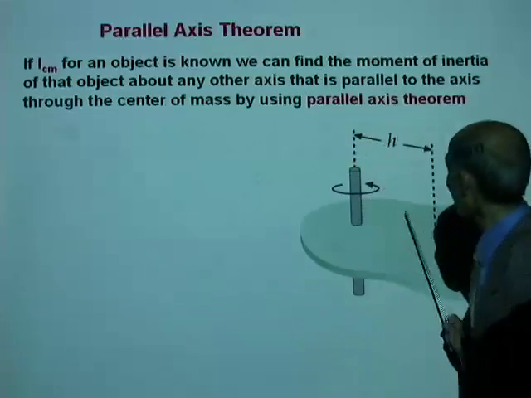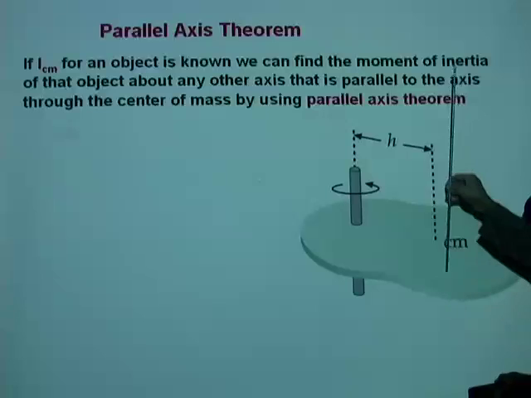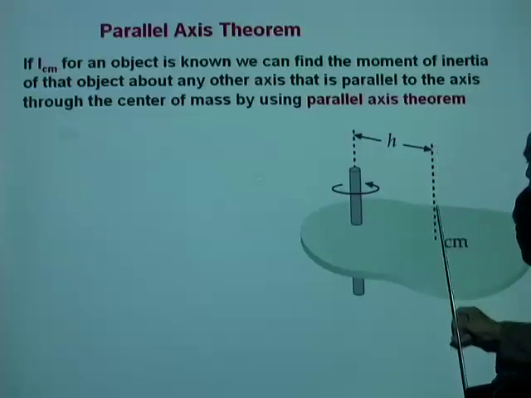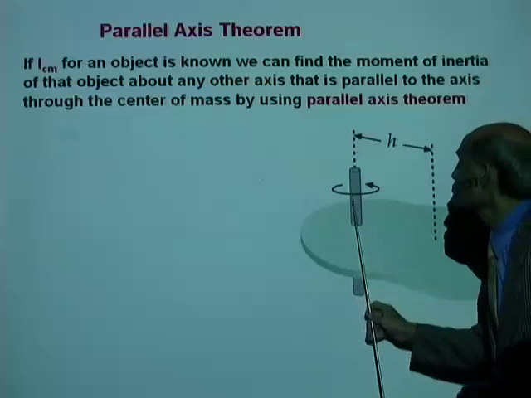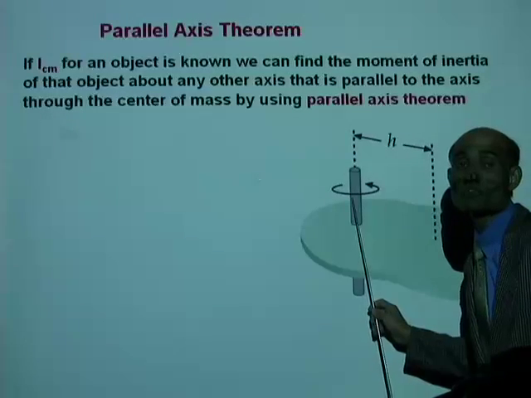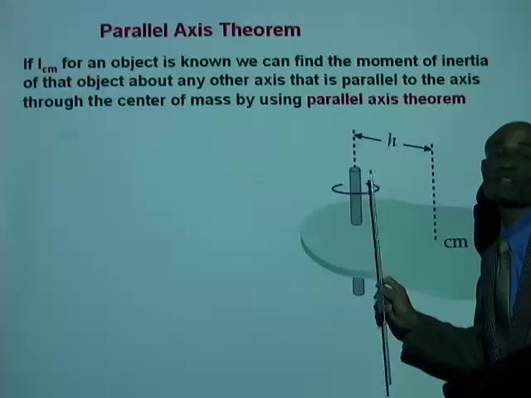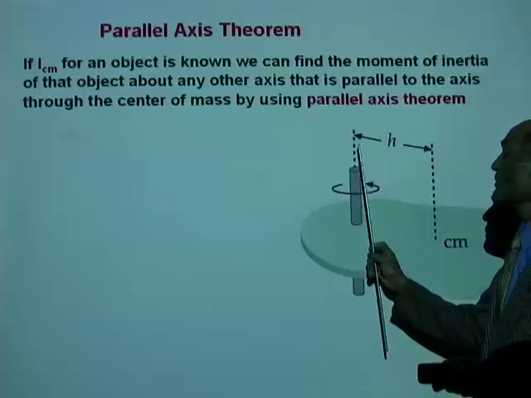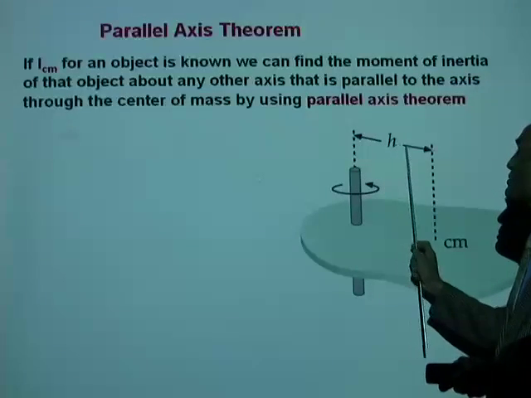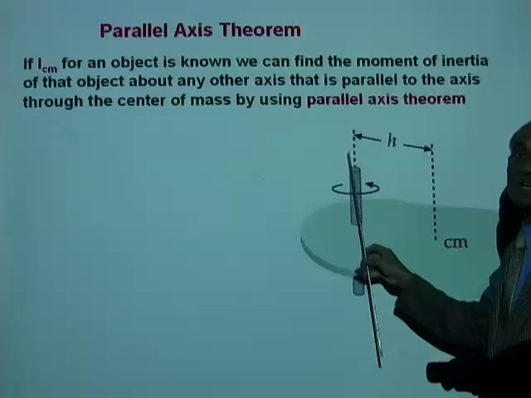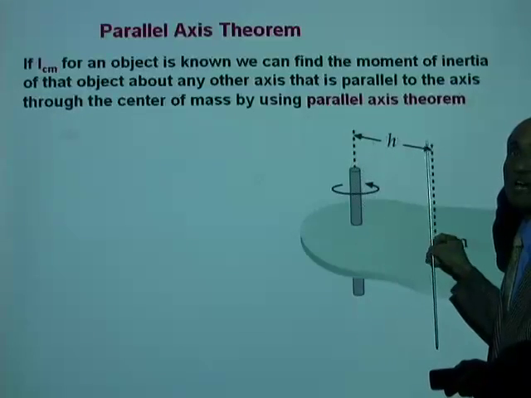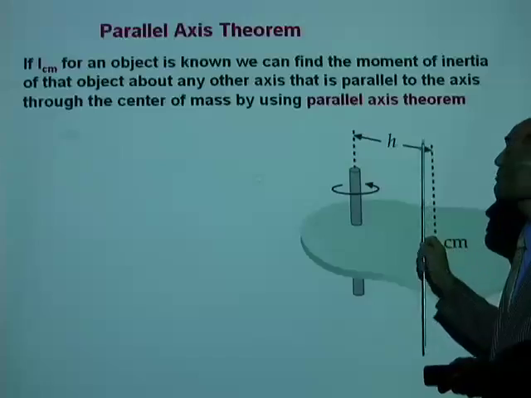Alright, now here I have an object. This is the axis that passes through the center of mass. And this is the new axis about which we need to find the moment of inertia. This axis is at a distance h, the perpendicular distance between the new axis and the axis through the center of mass.